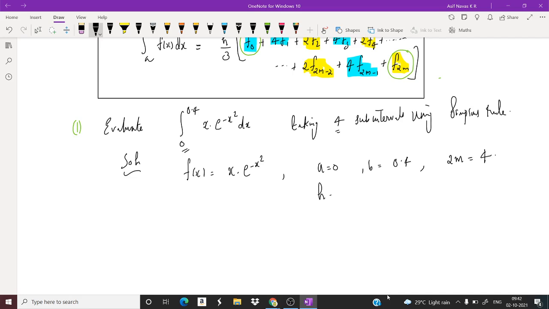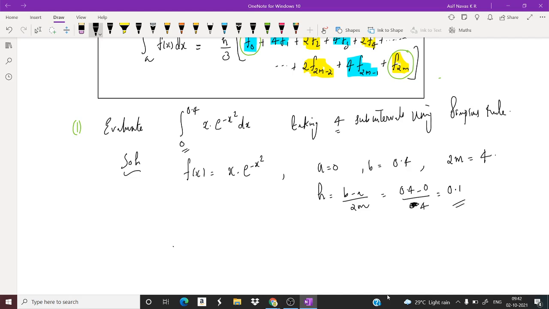So h is equal to b minus a by 2m, that is 0.4 minus 0 divided by 4. So that is 0.1. So h is 0.1.